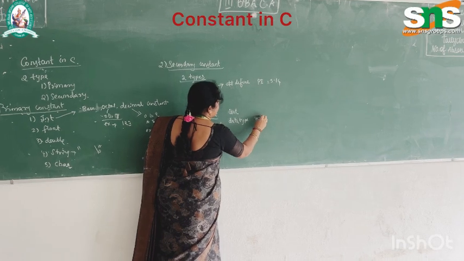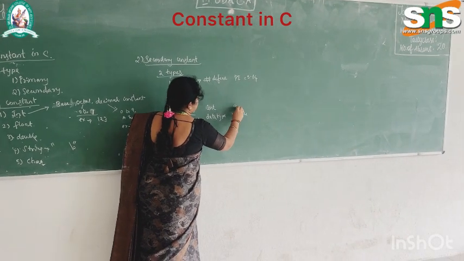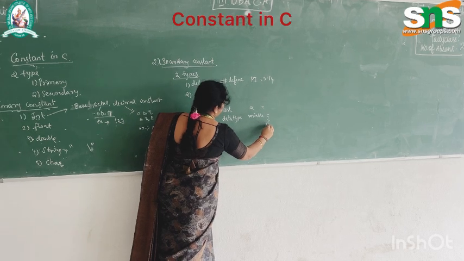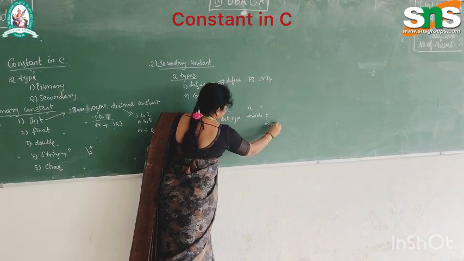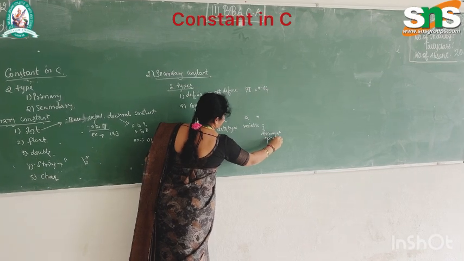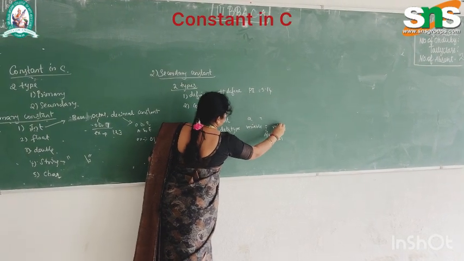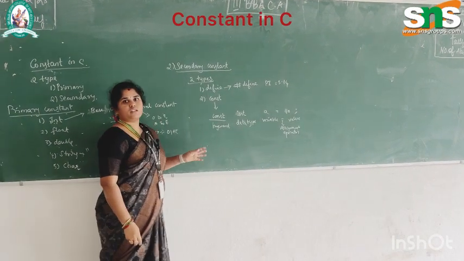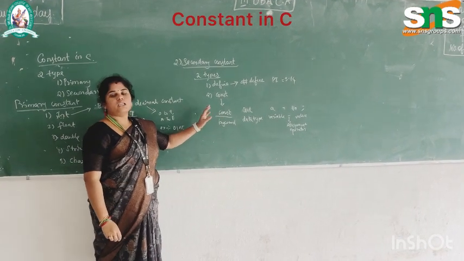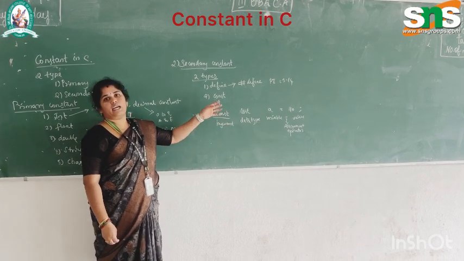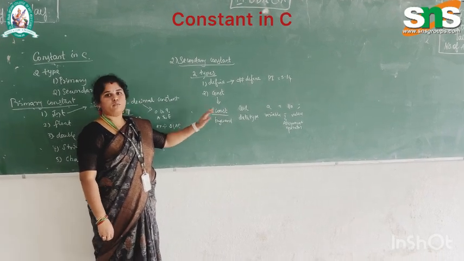After that comes the variable name, a. Then equal to, which is the assignment operator, and after that the value. This is the normal creation under const. If the value is fixed for the entire program, I use the keyword const.